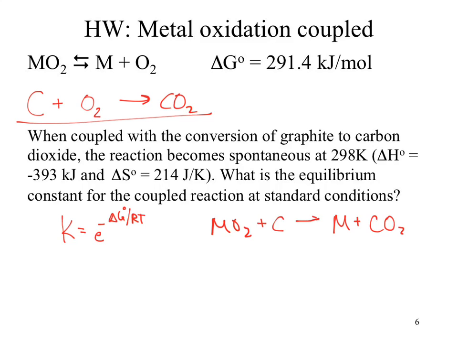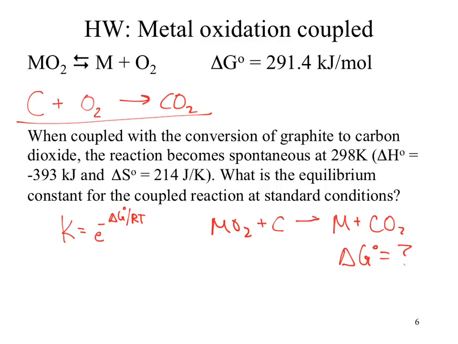To use my equation, K equals E to all that stuff, what do I need? I need the delta G for this reaction. What is the delta G for this reaction? Okay, we've got a couple ways we could go through and solve.